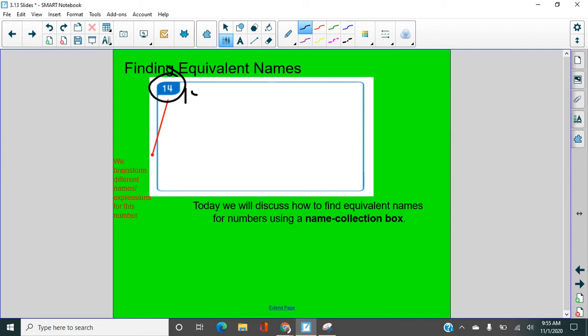We've talked about some of them. 14 times 1. We could do 2 times 7. We could do adding problems. 10 plus 4. We could do subtracting problems. 16 minus 2. We could do other adding problems, right? 9 plus 5. We could do 20 minus 6.